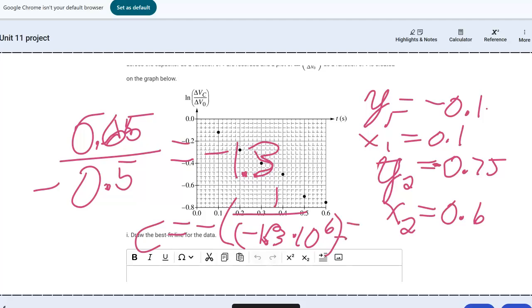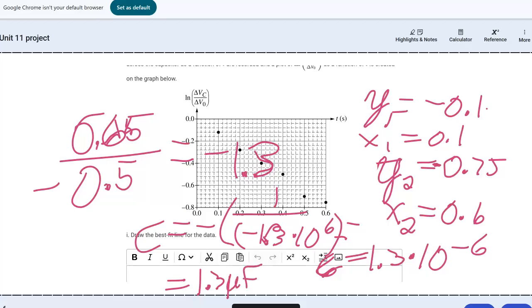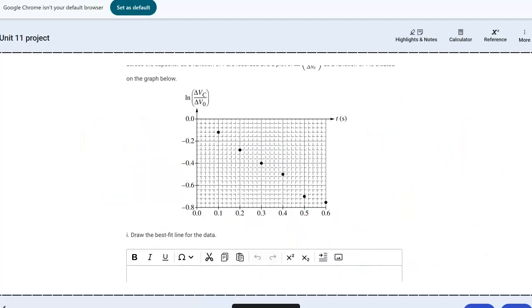So we're going to get 1.3 times 10 to the negative 6. That's our C. We can leave it like that, or that's also 1.3 micro, which is 10 to the negative 6. Okay, and then let's move on.